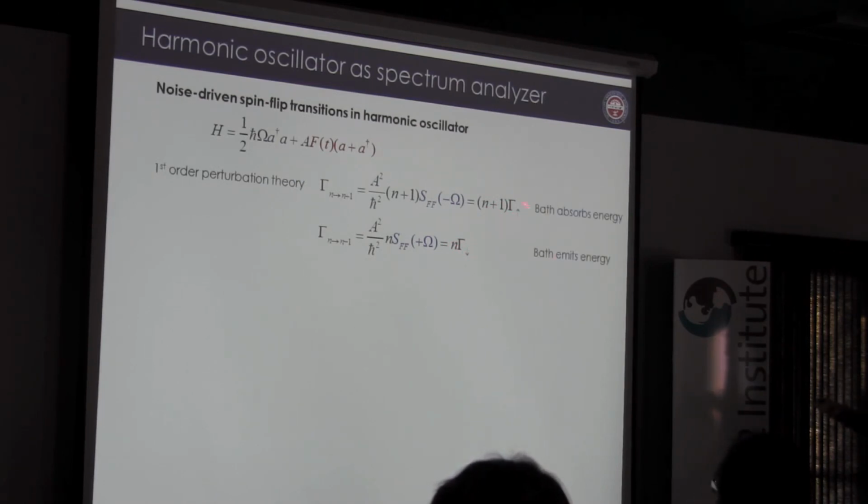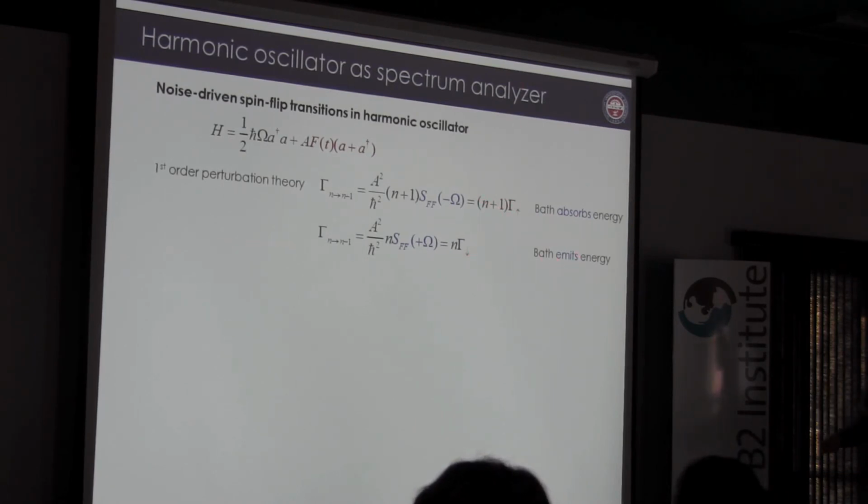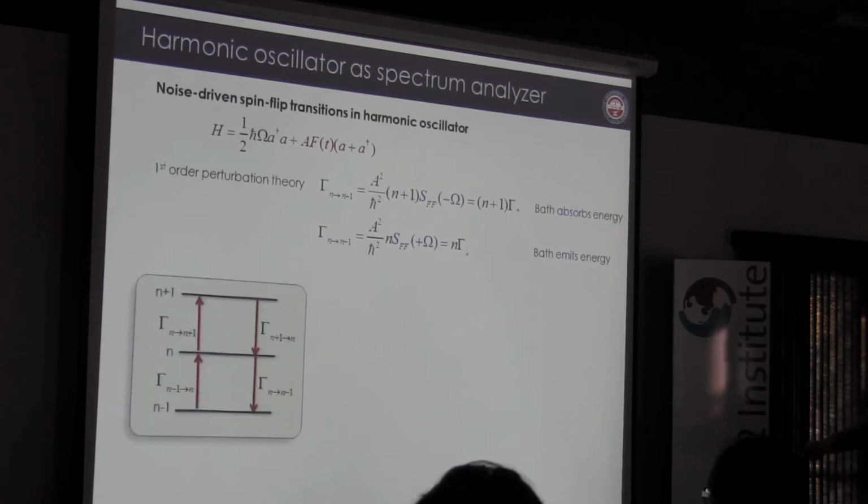Now, in the first case, the bath is emitting energy, exciting the transition to a higher state. And in the latter case, the bath is absorbing the energy. The phonon is dropping, the system's dropping back down to a lower state.